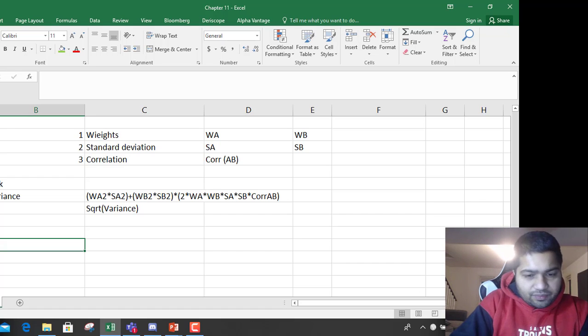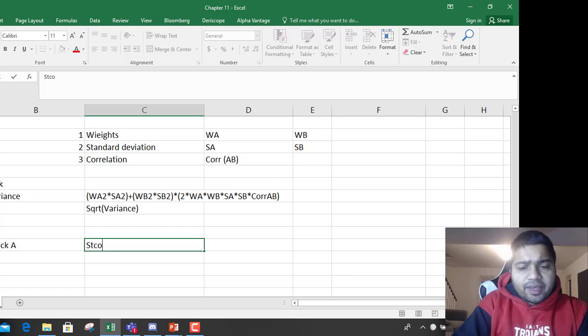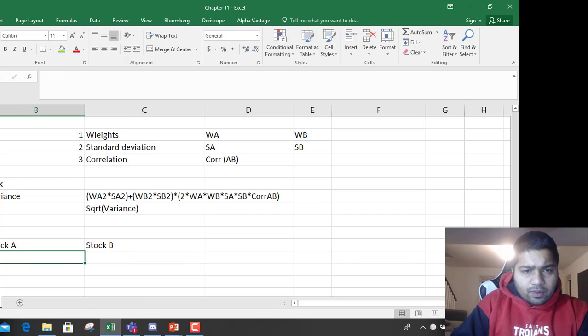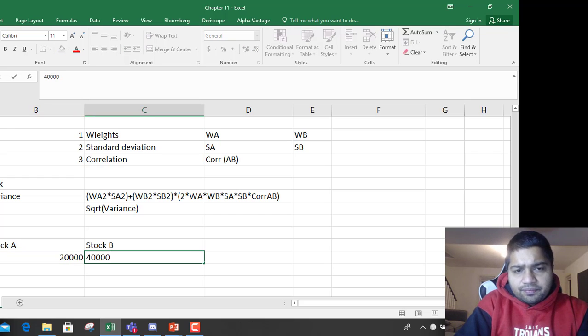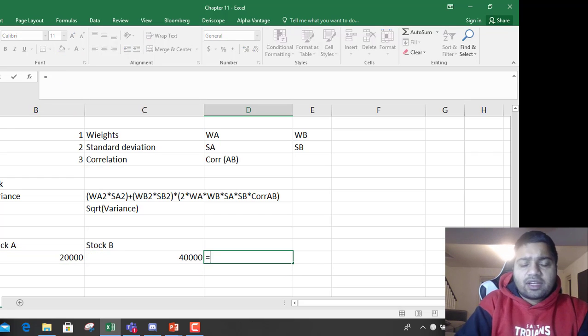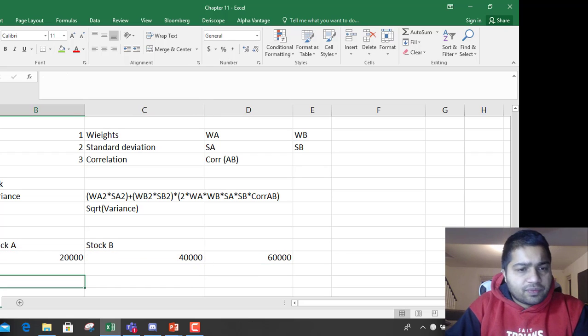So let's do it. Let's say you are creating a 2-stock portfolio, stock A and stock B. In stock A you're putting 20,000, in stock B you're putting 40,000, so your total investment is 60,000.